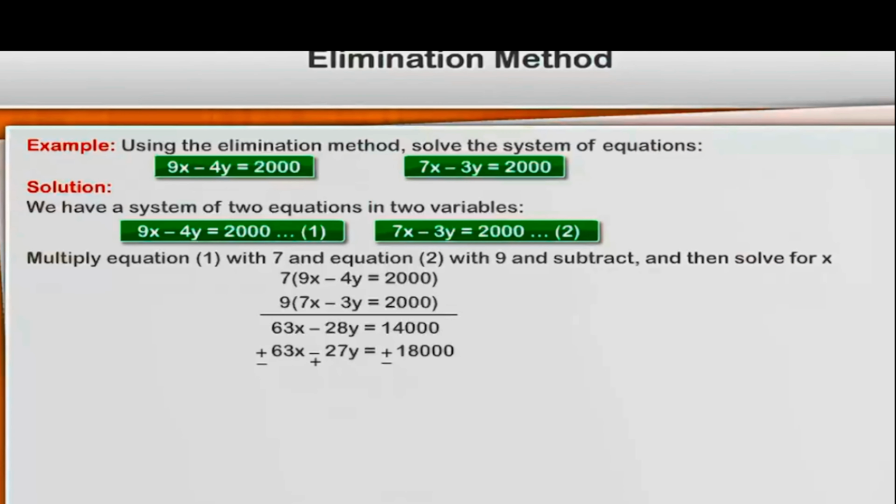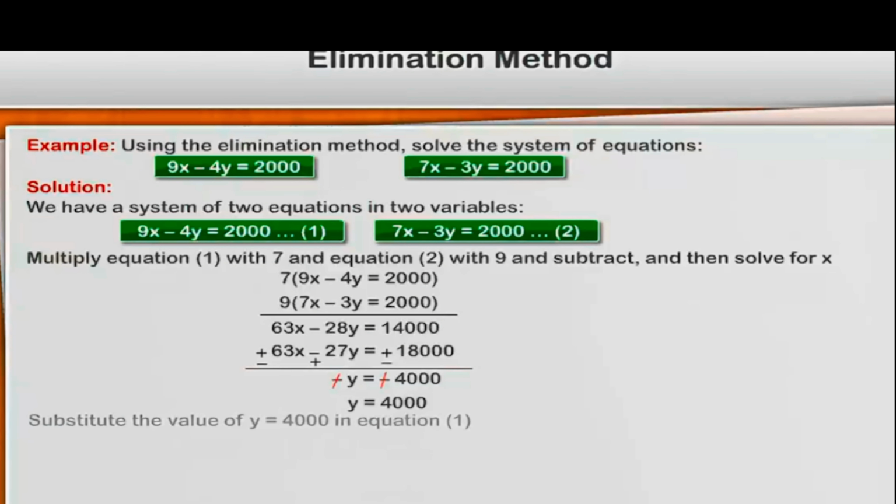Then, subtracting the resulting equations, we get minus y is equal to minus 4000. By cancelling minus signs, we get y is equal to 4000. Substitute the value y is equal to 4000 in equation 1. So 9x minus 4 into 4000 is equal to 2000.